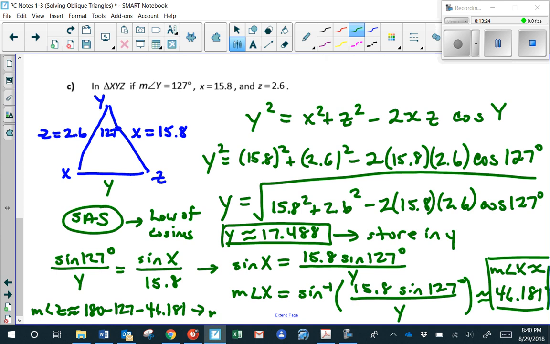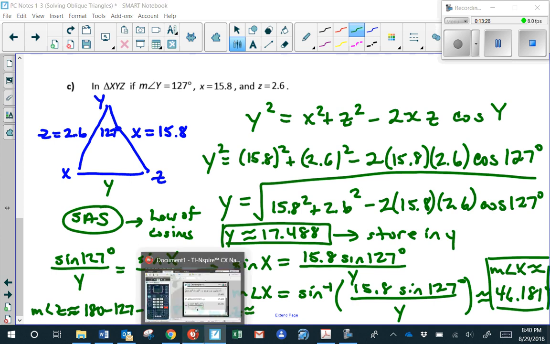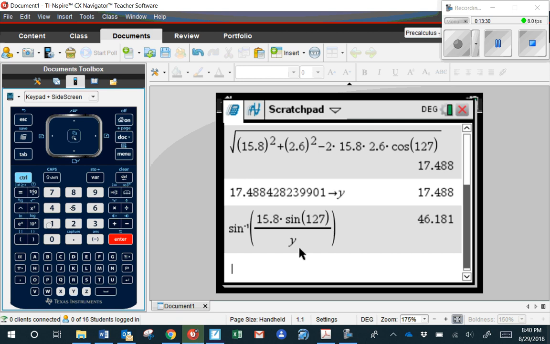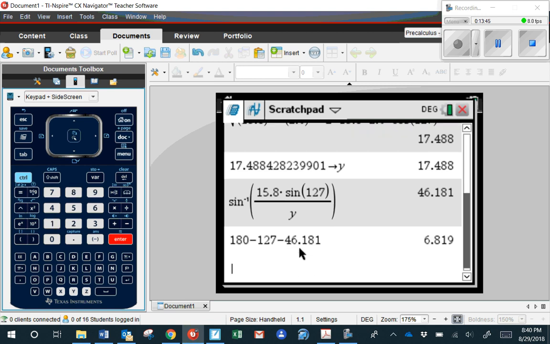And so that's going to give us measure of angle Z is approximately equal to, let's consult the calculator, 180 degrees minus 127 minus that 46.181, and that's going to give us 6.819 degrees.